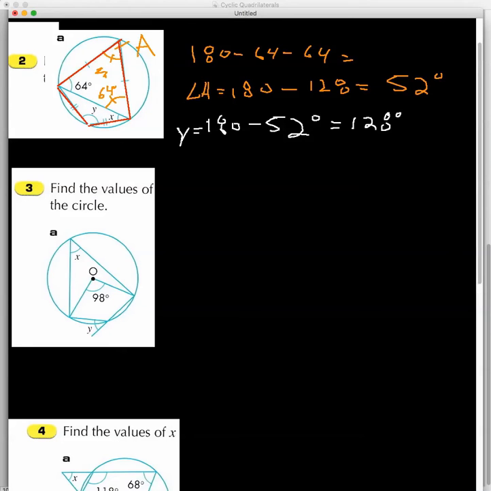Now, if we look at this triangle here, we have this triangle. So if I outline that one, and this one here, we have this mini triangle, and this is again an isosceles triangle. So if these two sides are the same, then it must mean that whatever this x is, that's the same as this x here, this angle here.